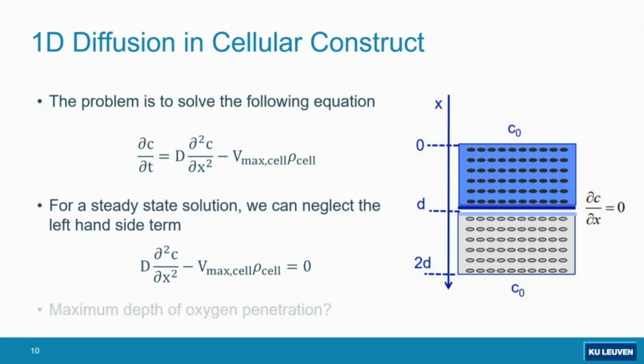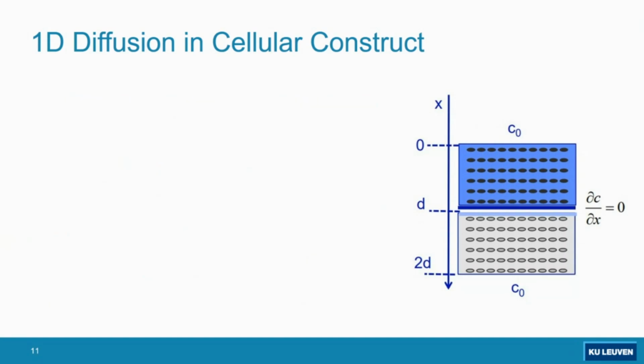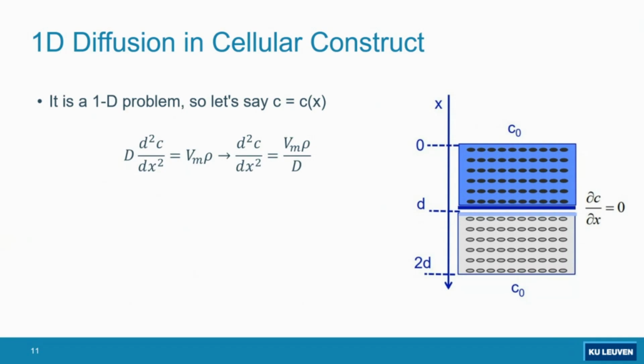Let's go on. And the question is, we want to obtain the maximum depth of oxygen penetration, as I told you. So how does it start? We have some coefficients. We have some derivative terms here, which is indeed the second partial derivative, second derivative of concentration.